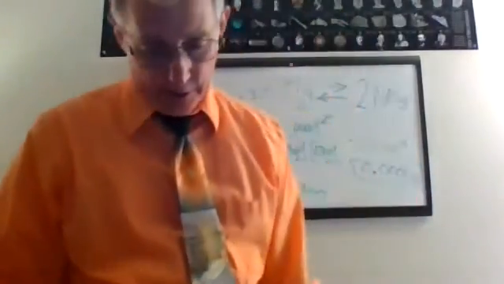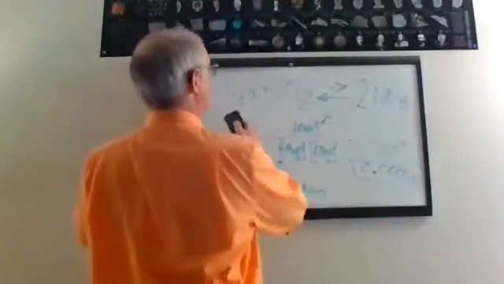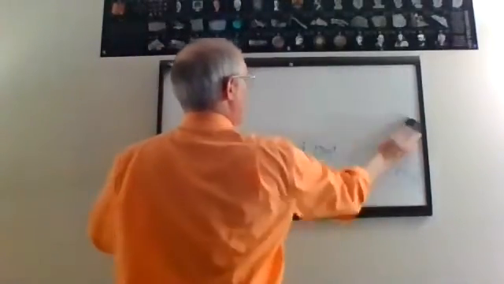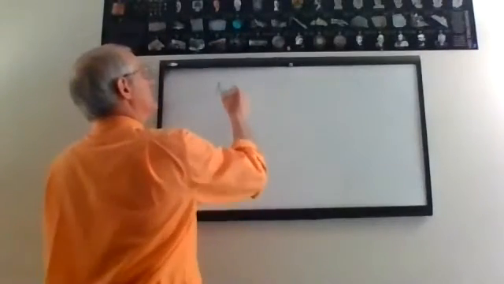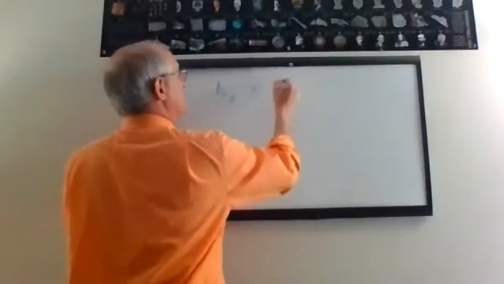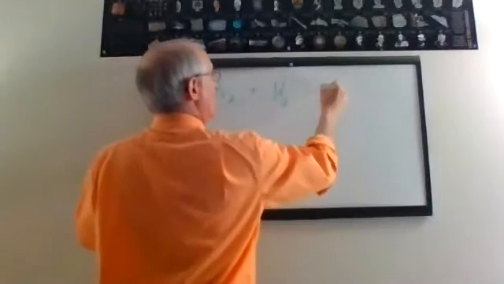Okay, I'm on page 562. This is really critical. This is the equation that we're going to deal with. Nitrogen plus hydrogen. This was nitrogen and oxygen. We're going to go to nitrogen plus hydrogen yields ammonia.